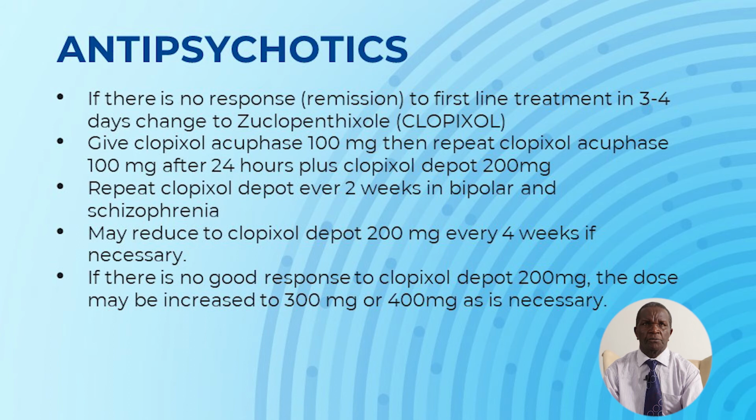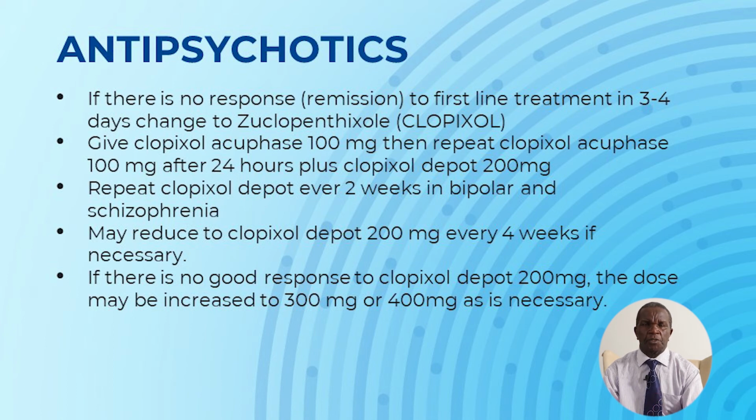Now, if there's no response to the first line treatment in 3 to 4 days, change to zuclopenthixol, which is also known as Clopixol. Give Clopixol Acuphase or zuclopenthixol Acuphase 100 milligrams, then repeat zuclopenthixol Acuphase 100 milligrams after 24 hours.